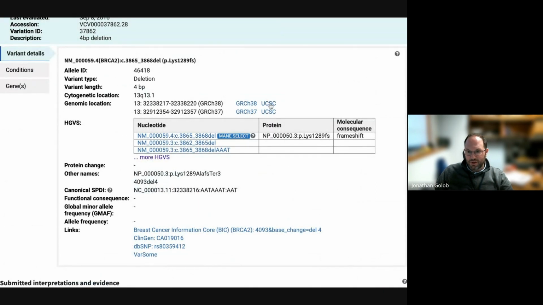You can see here the genomic location, and there are multiple versions of each build of the genome. UCSC also puts out a version of it, but you can go and actually see it in the context of the chromosome. So chromosome 13, and then you have a sort of address, 13.1. Here are all the genes that are there, and then all of the variants that have been there, and you can see all the way through here.